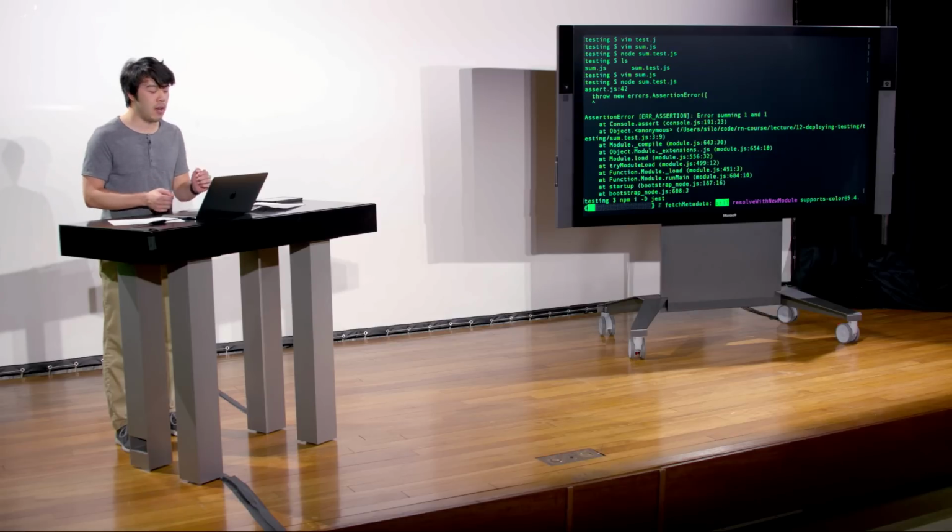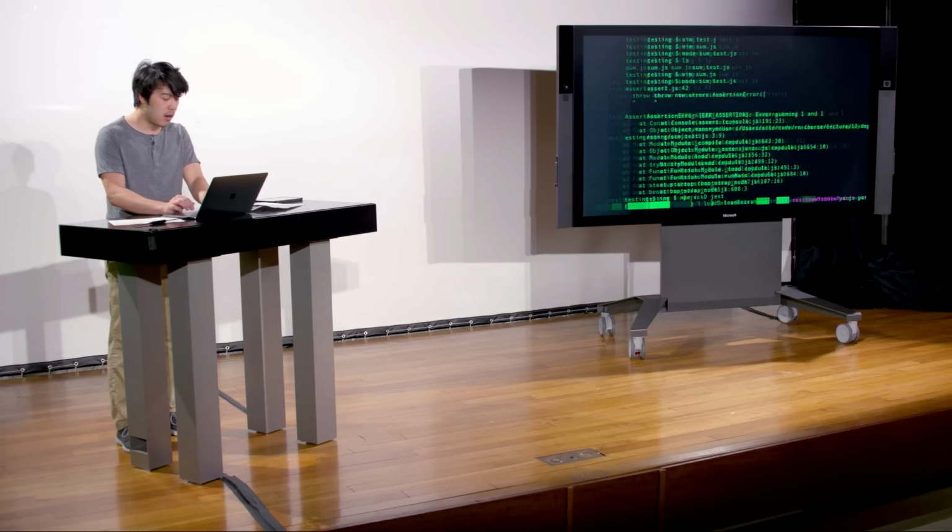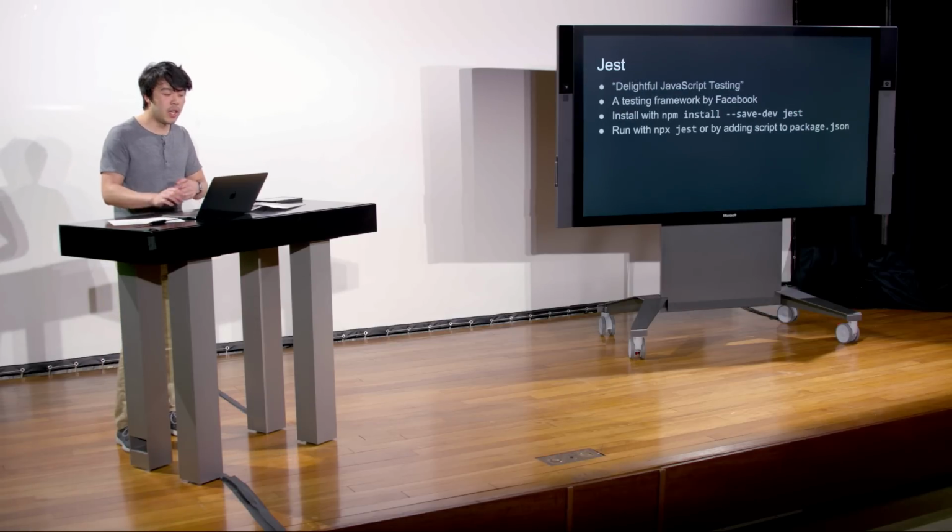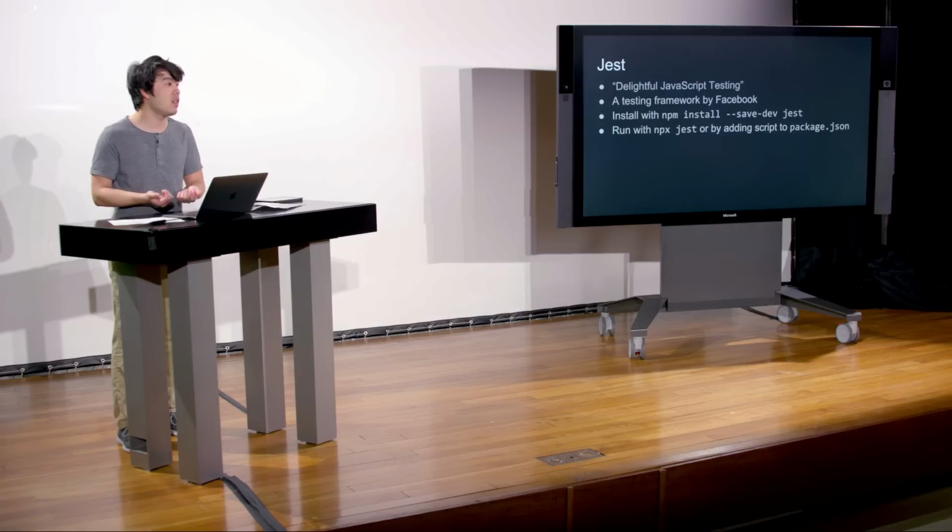And so this goes ahead and installs Jest, and as it's installing, the way to run it is doing npx jest. If you want to use the npx command, it's built into npm 5 and above. I believe you can install it otherwise, but in npm version 5 and above, it's automatically bundled.